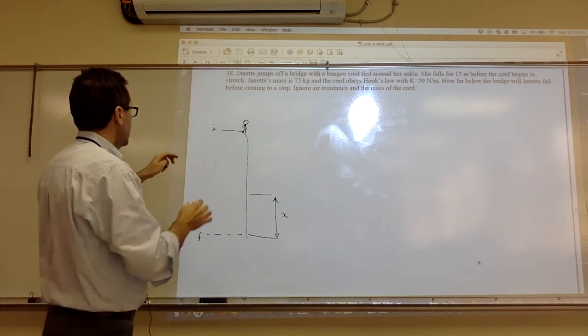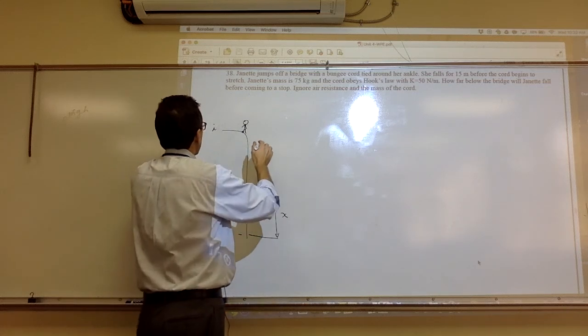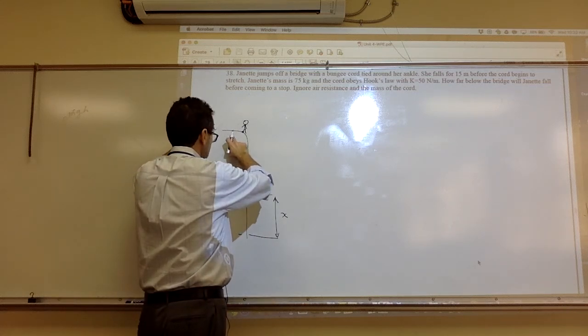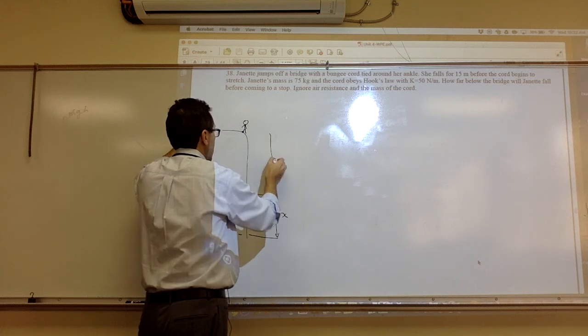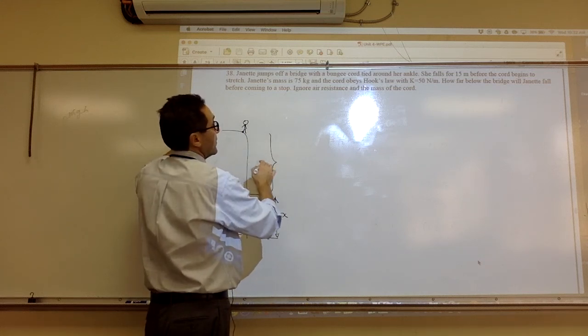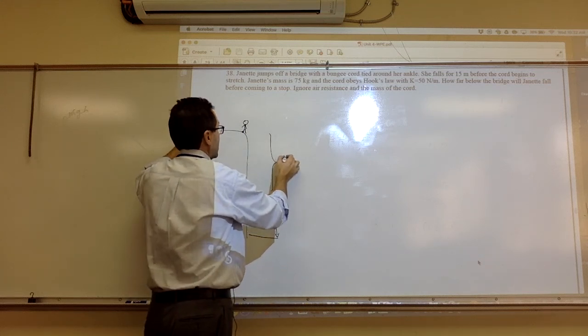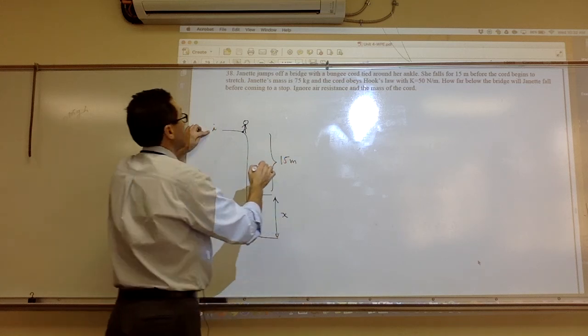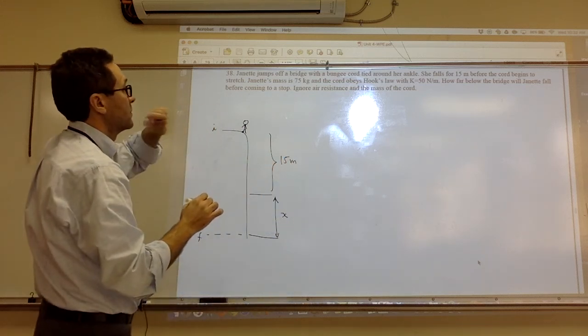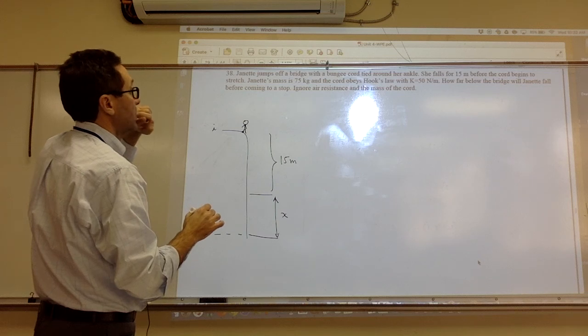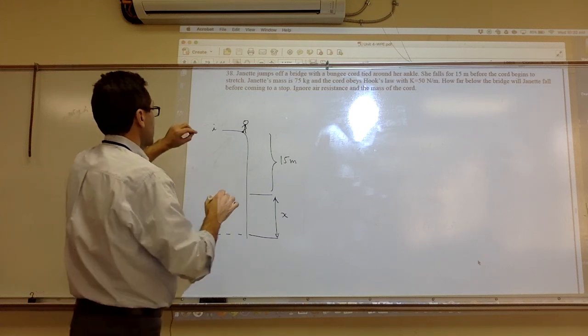And by the way, this is 15 meters. That's the length of the rope before it starts to stretch.